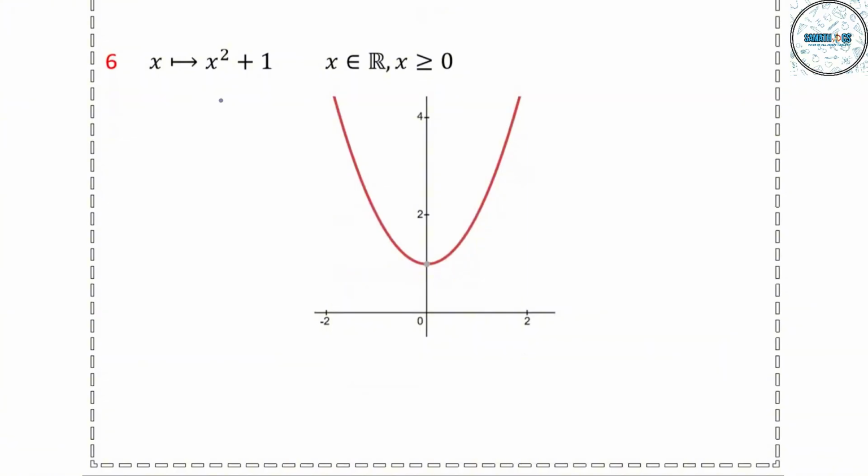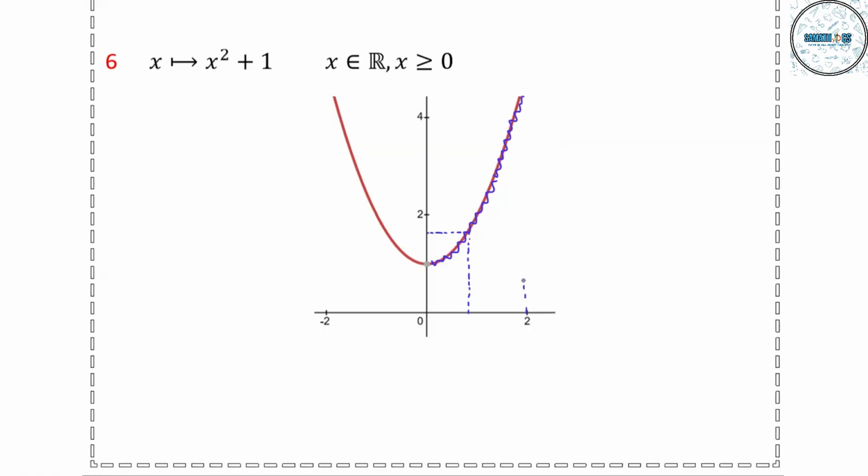In this case, we have x, which is mapped into x squared plus 1. It is a quadratic function, but the values of x are greater than 0. It means that we just have to consider this part of the curve. On this part of the curve, if we take this value, there is just one output.